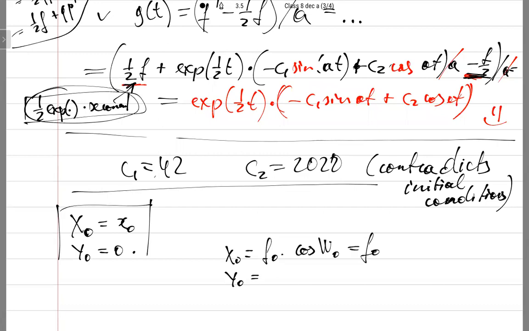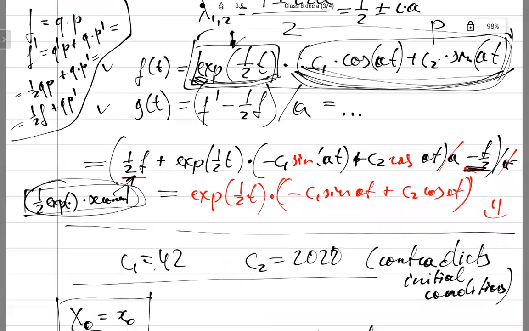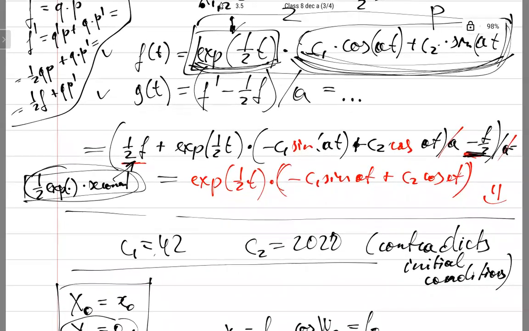And y0 is g0 times sine of w0, and it's 0. So this equation has no information for me. And from f0, I can calculate.